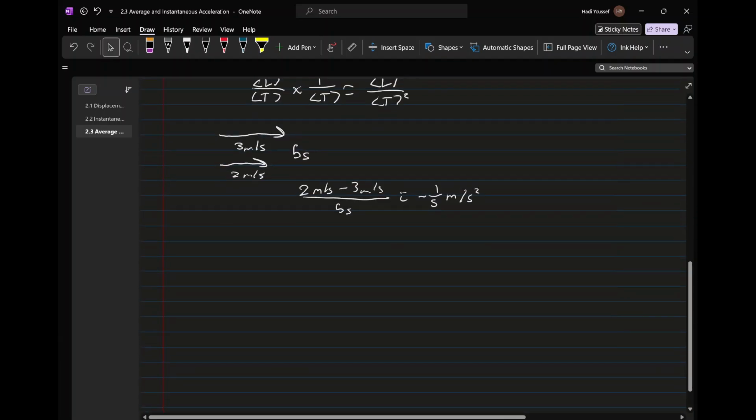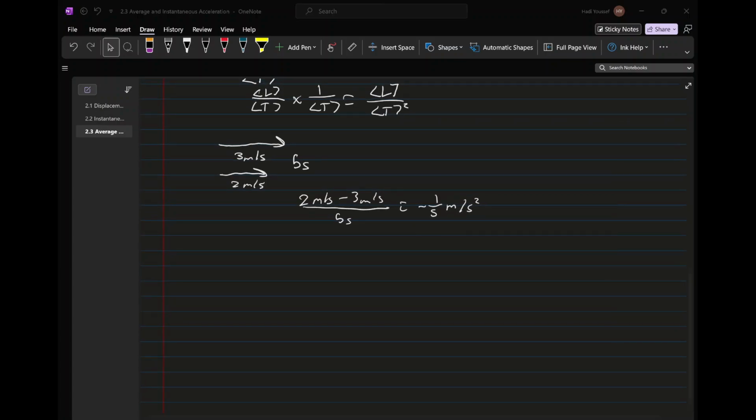Now that we understand average acceleration, let's talk about instantaneous acceleration.